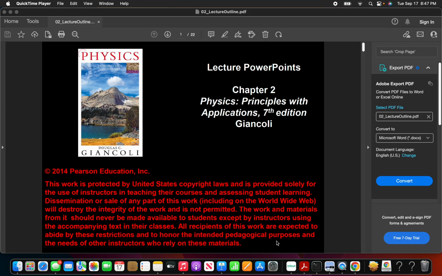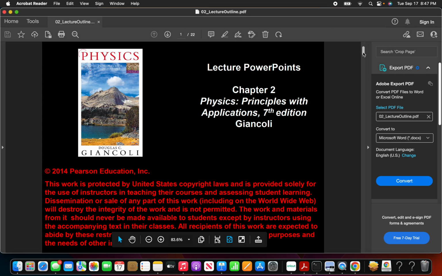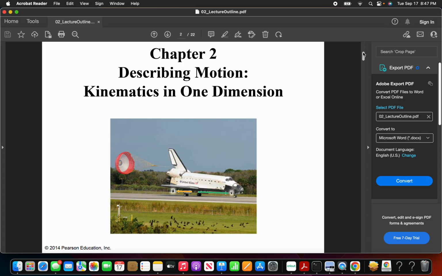Okay, this is chapter 2. And chapter 2 deals with kinematics in one dimension. So now we're talking about the motion of an object in one direction.